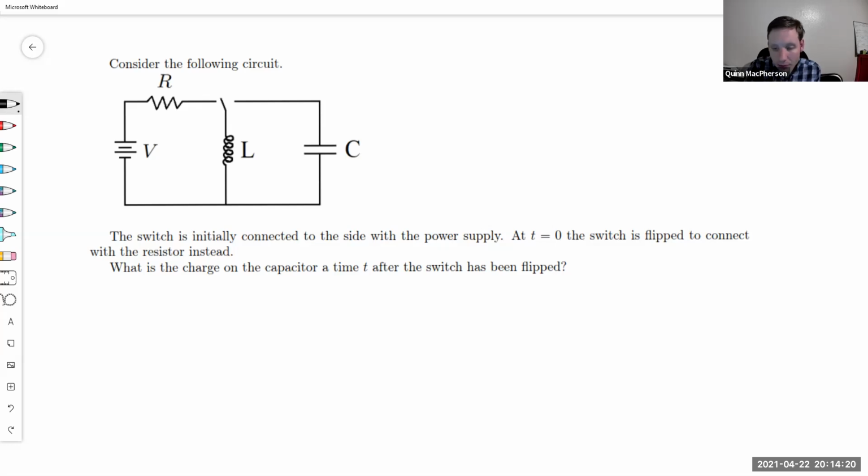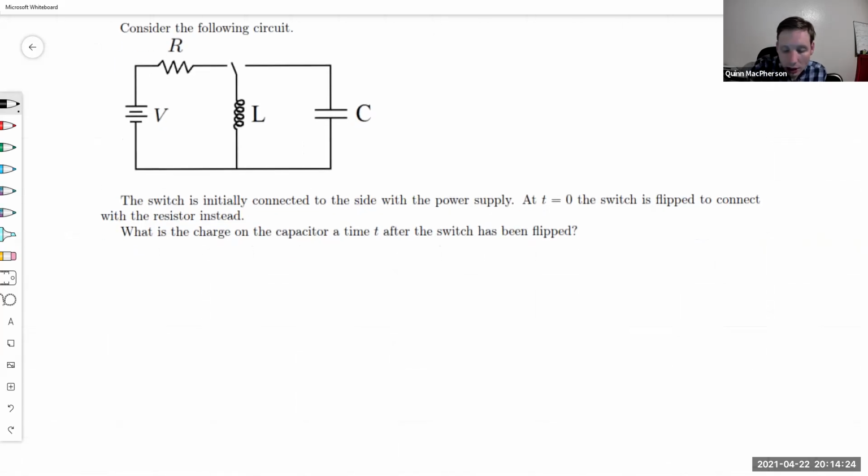Okay, to begin with, let's consider what happens before the switch is switched. Presumably it's been that way for a while, so the current has built up. Basically, L doesn't like a changing current, but as long as the current builds up slowly, it doesn't matter. What determines the ultimate amount of current going through is the resistor.